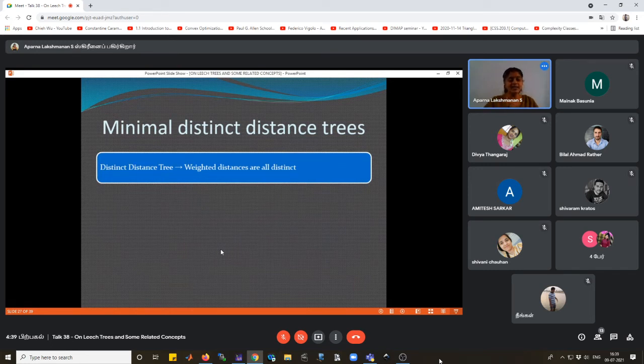By a distinct distance tree, we mean that we need to assign values to the edges, and with that we get pathways. All the pathways must be distinct. In the case of leech trees, it must be exactly 1, 2, etc., up to nC2. But here what we want is that all the pathways must be distinct.